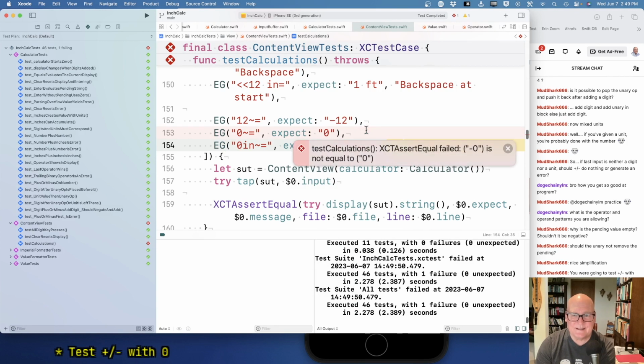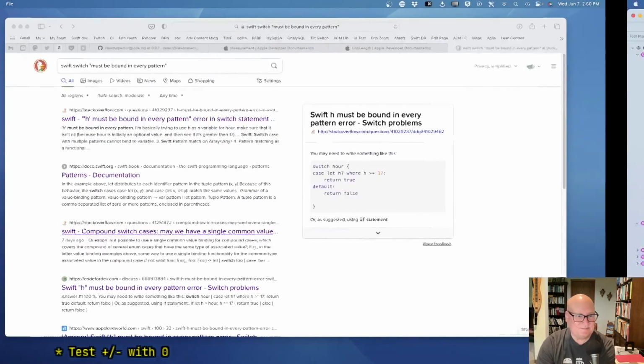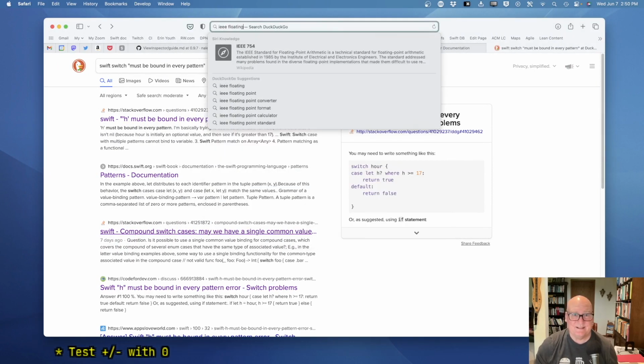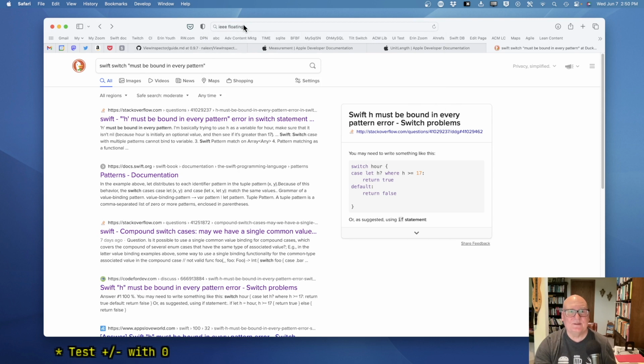What are we getting? Are we getting -0? Huh. Yeah, like I said, doubles do have -0 as a value. I don't know why they chose to do it that way. You don't get that for integers, right? I'll go back to the IEEE floating point standard, but actually the Wikipedia page is probably better to go to.